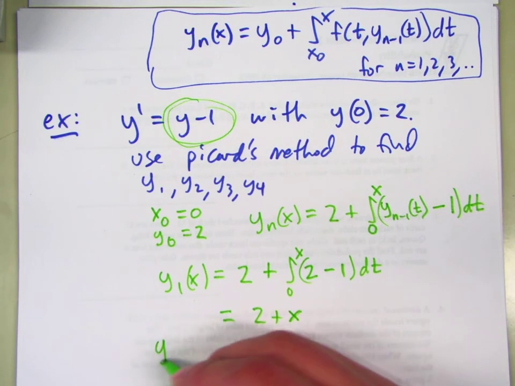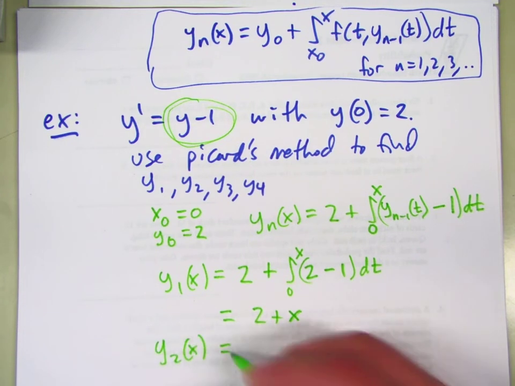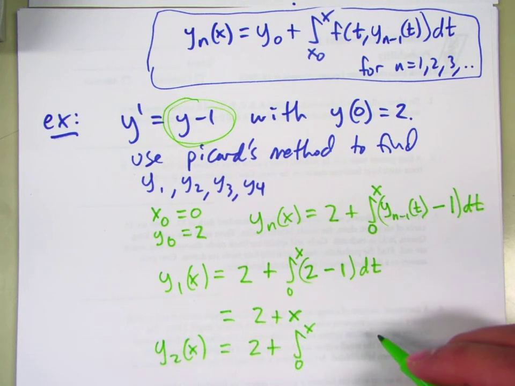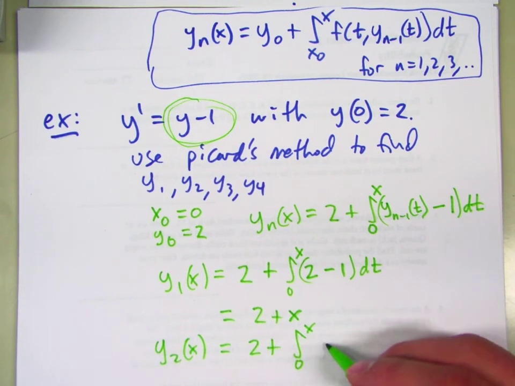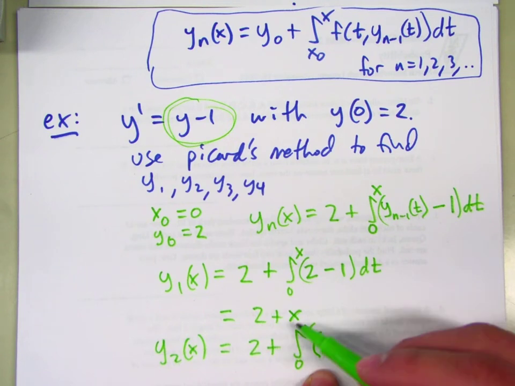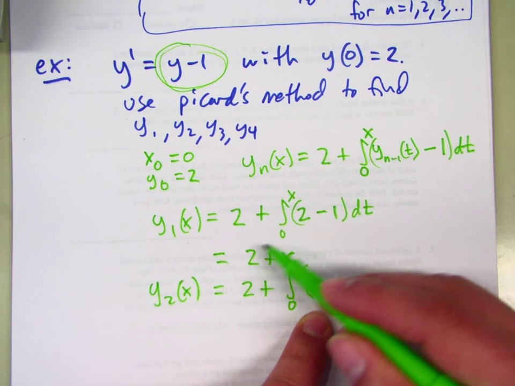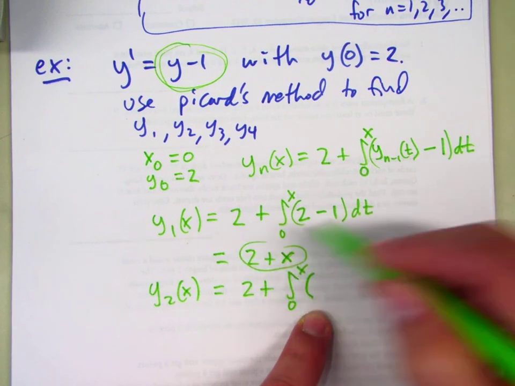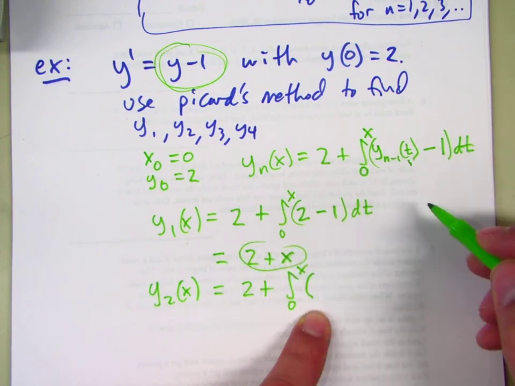All right. y2 is going to be 2 plus integral from 0 to x of now, to start, replace this function with t as your variable, okay?